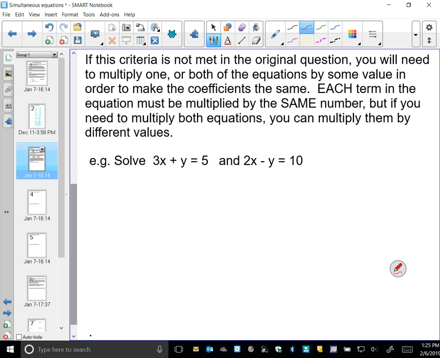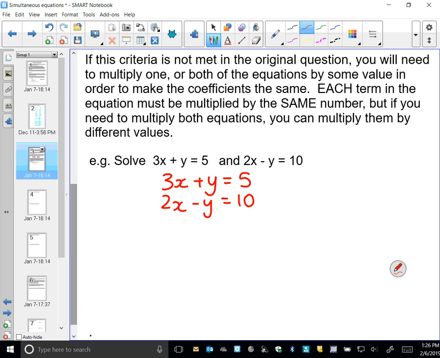Right, so here's our first example question. Solve 3x plus y equals 5 and 2x minus y equals 10. Now, I don't know about you, but if I'm adding things, I like to have them one on top of the other. Yes? So I'm going to rewrite this. 3x plus y equals 5 and 2x minus y equals 10. So all I've done is, because what's going to happen is I'm going to add my equations.